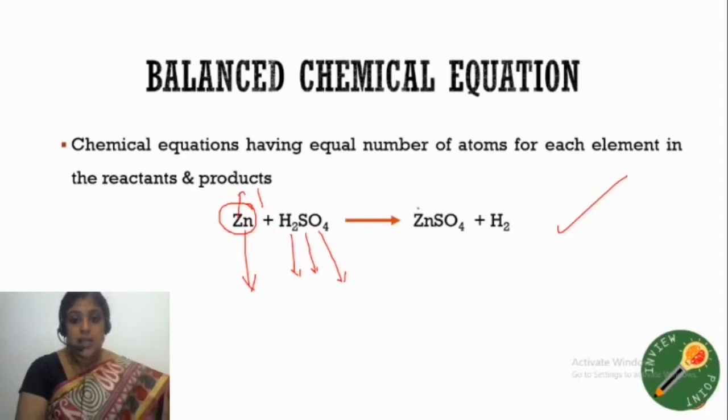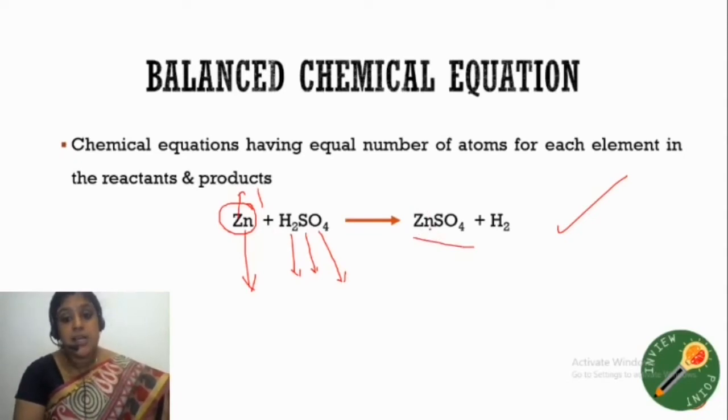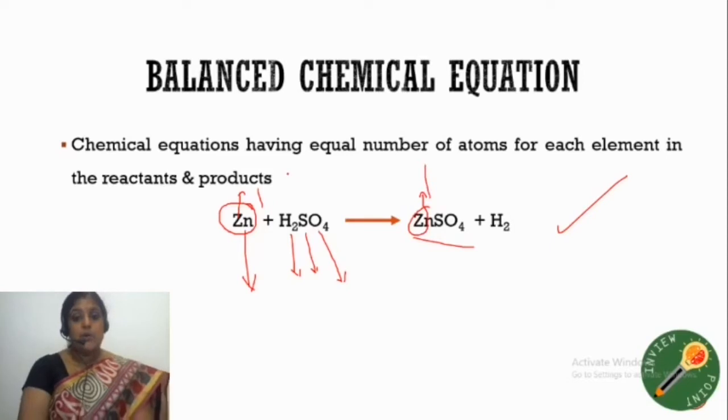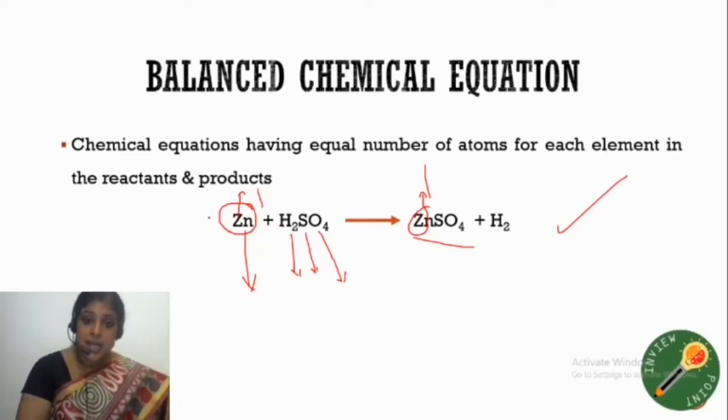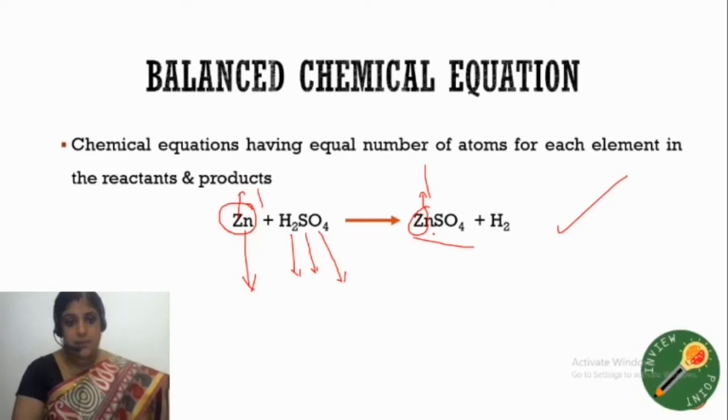Then in ZnSO4, that is in the product side, how many zinc atoms are there? It is again Zn, so the number of atoms will be 1. So we can say that there is one atom each of zinc in the reactant as well as product side.